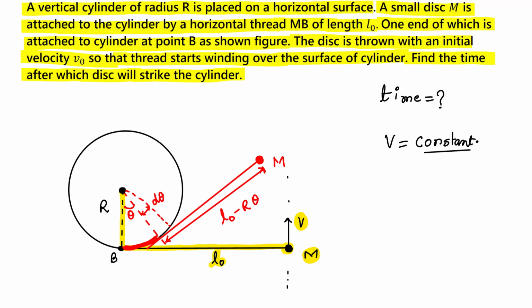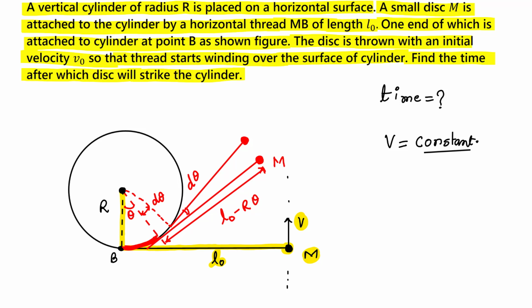If it binds further, you will have something like this. This is the next situation. This angle will also be d theta, because you can prove this: the angle between lines is equal to the angle between their perpendiculars.